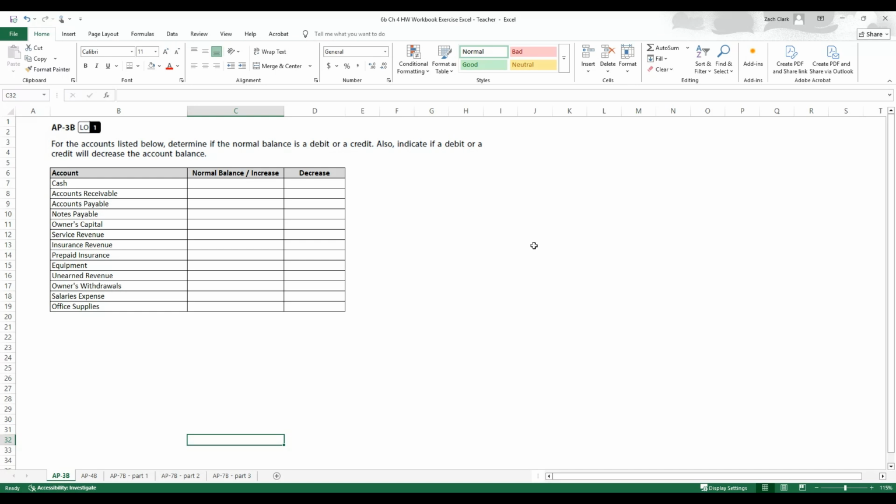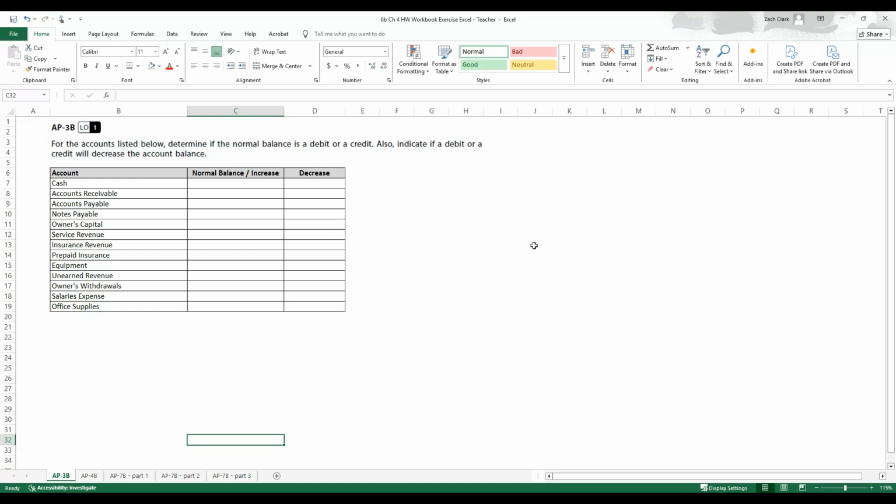And the normal balance is also the same as the side that increases the account. So if cash is increased with a debit, then the normal balance for cash will be a debit as well.